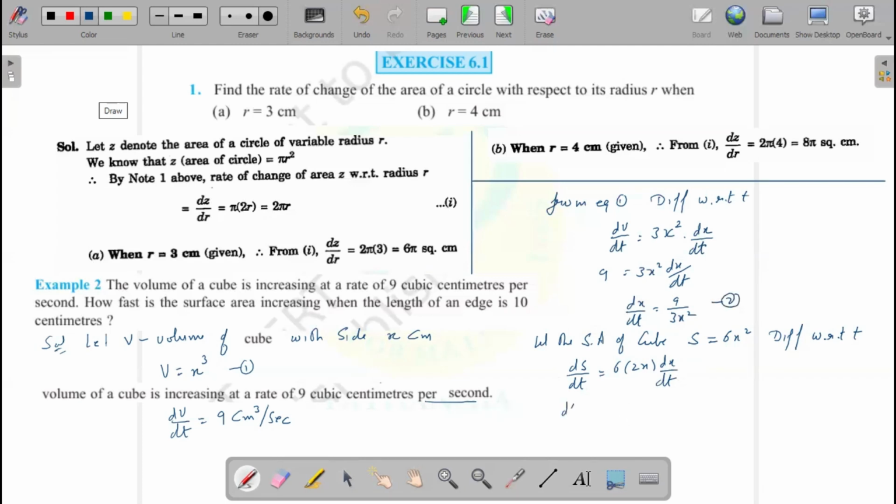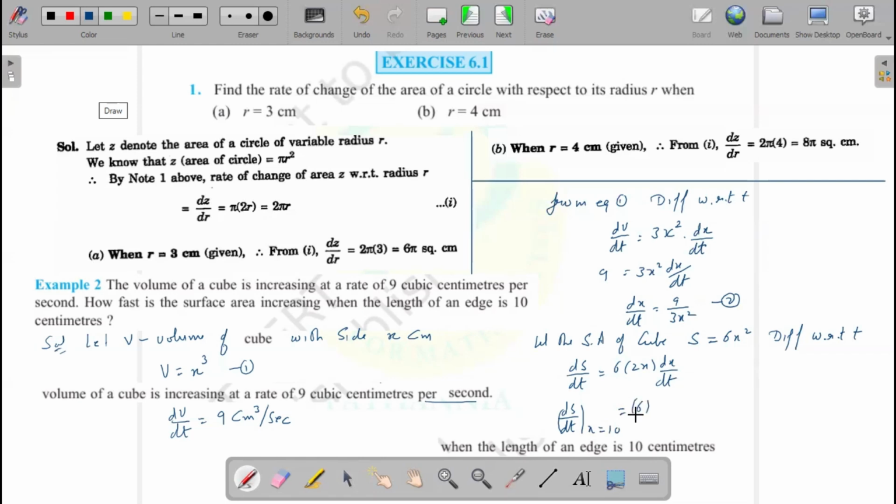Now he says the rate of change in surface area with respect to the time when the length of the edge is 10 centimeter. So therefore, he is asking ds upon dt when x is equal to 10.